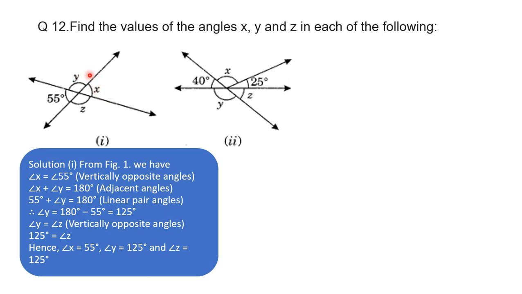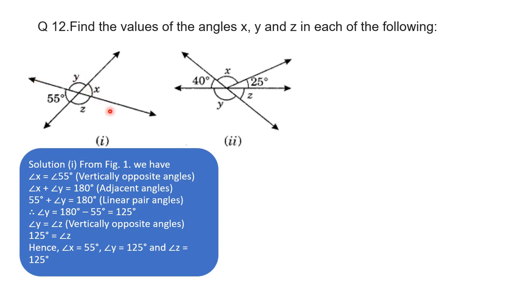So angle x plus angle y is equal to 180 degree, as they are adjacent angles, or linear pair also. So x is 55 degree plus angle y is equal to 180 degree. So angle y is 180 minus 55, which is equal to 125 degree. So the value of y is 125 degree.